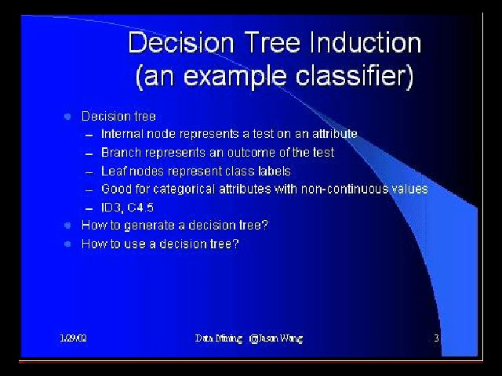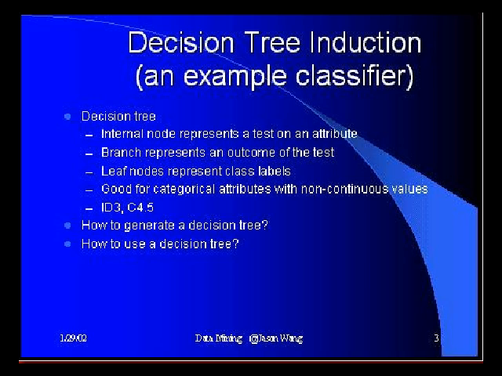In a decision tree, internal nodes represent a test on an attribute. So in this example, we talk about attribute-oriented data, meaning that each training example is just like a tuple or record in a relational database in which there are several attributes. Okay?